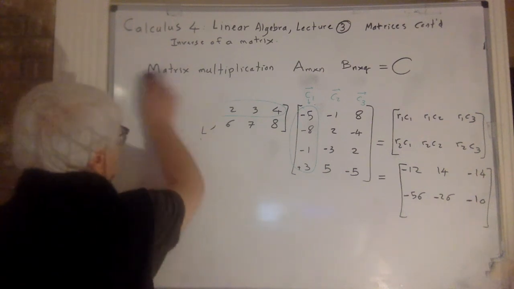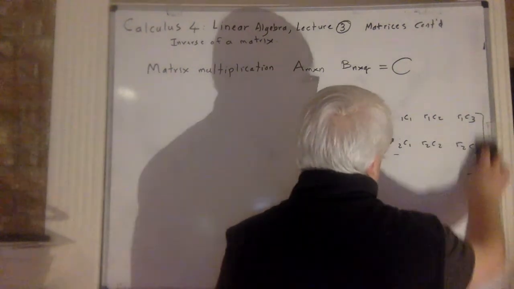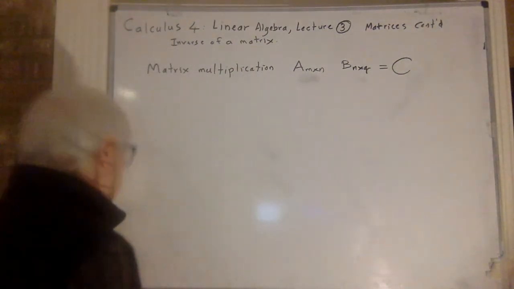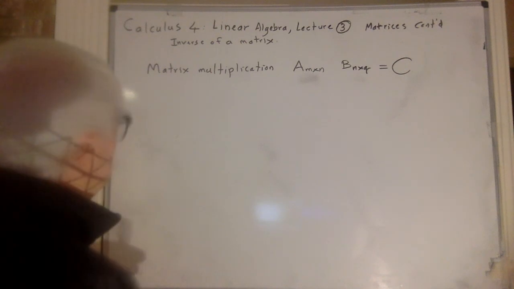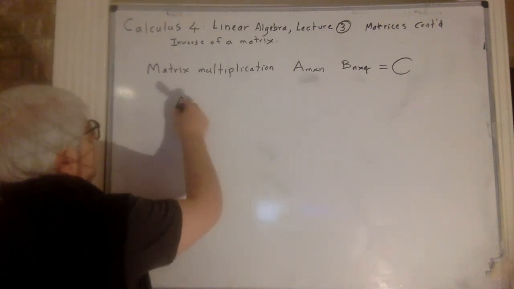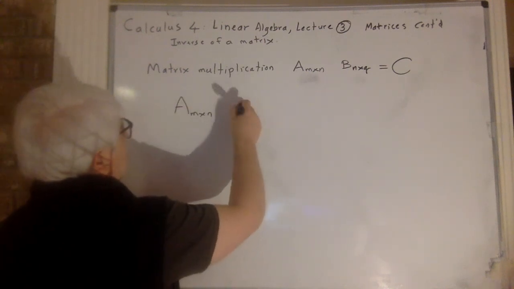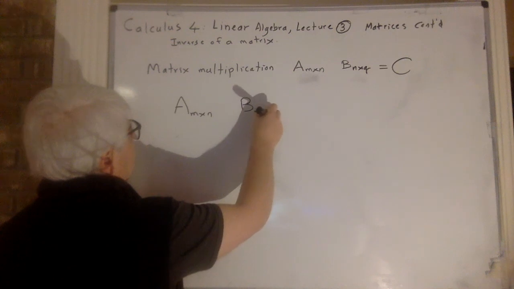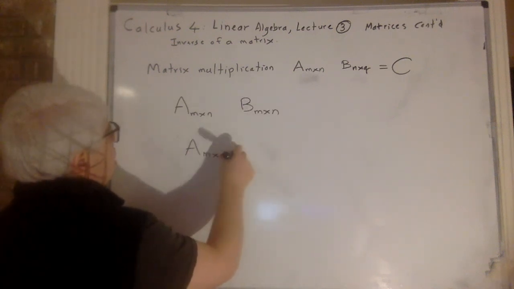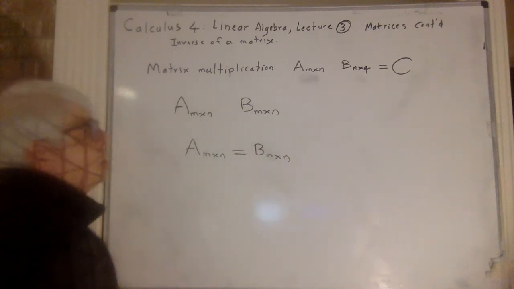Okay. So I gave you 2 important examples here. The one thing I didn't discuss was the equality of matrices. If I have A m by n and say B also m by n, I say A m by n is equal to B m by n if in fact they are the same.